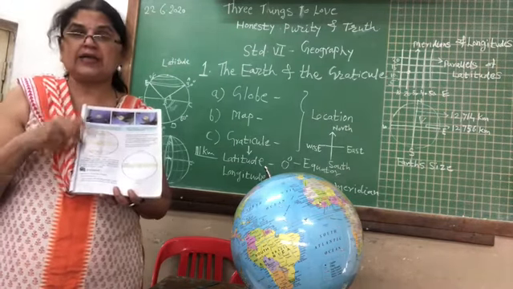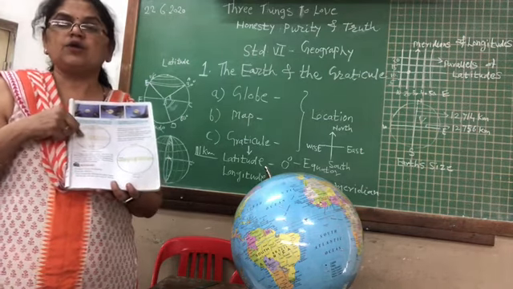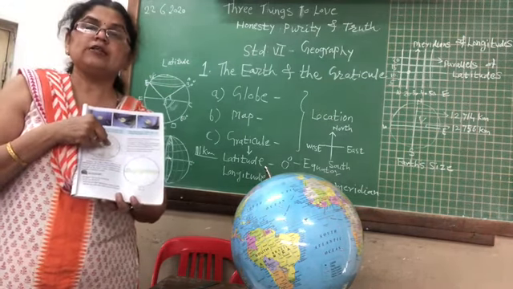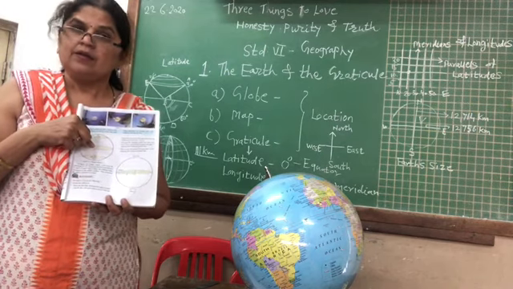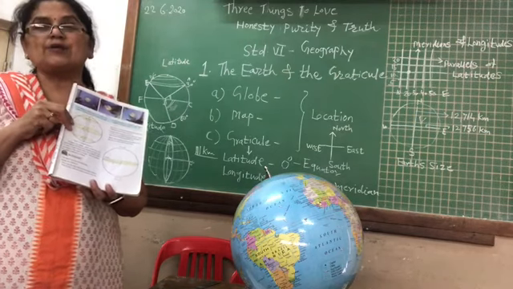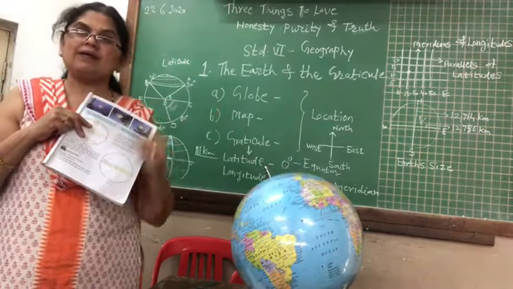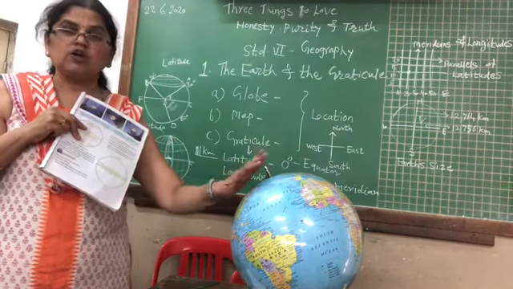It might be 20, 30, 50, 180 from the particular point, and you can draw the location. One is on the east and one is on the west. So it is very important to know how many parallels of latitude and how many meridians are found on the globe.